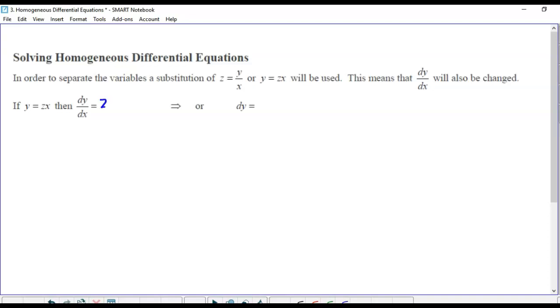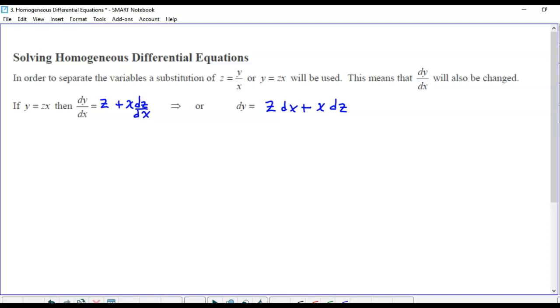That's going to be z times 1, plus x times dz dx. And that's what we're going to use. If we solve for dy, it's going to be z dx plus x dz. We're going to use that to help us.